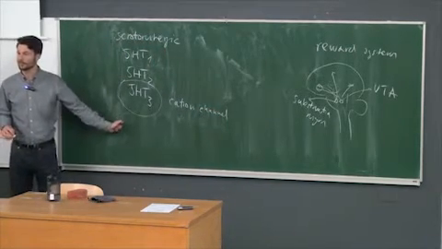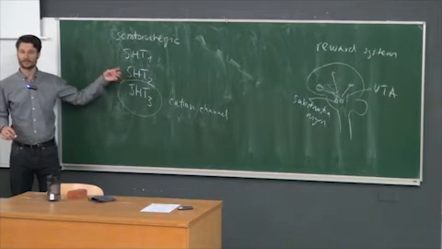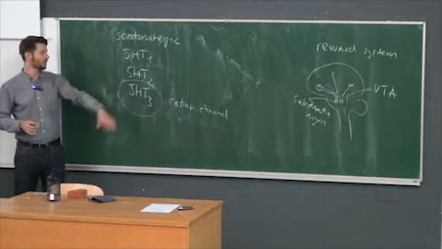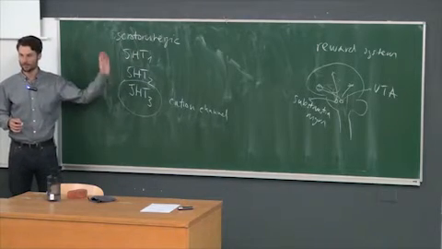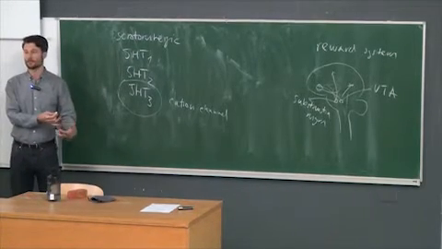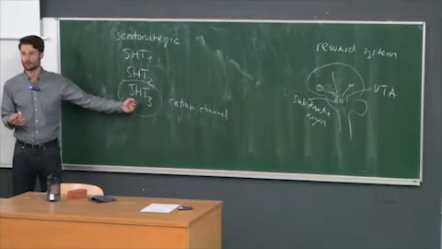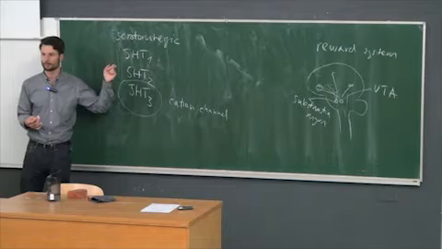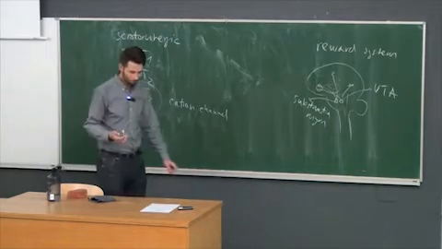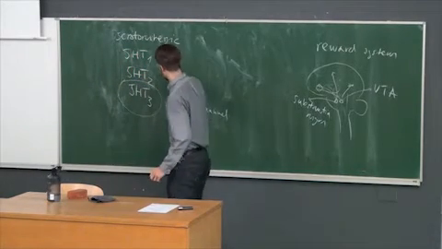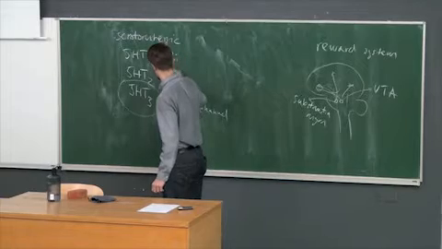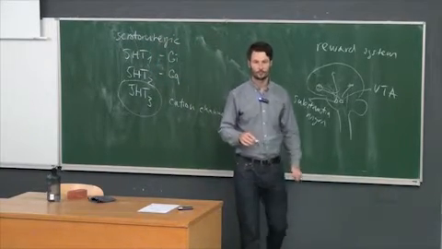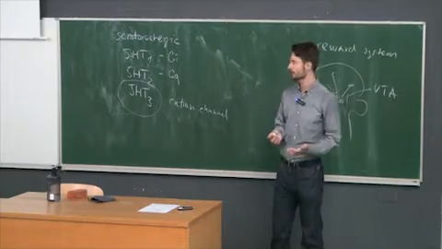Okay, so 5-HT3 is a receptor that's completely unrelated, chemically, structurally, to all the other serotonergic receptors, but they all react to the same molecule. But this is a cation channel. These two, and actually all the other ones, are G protein coupled receptors. Okay? And the G proteins they're coupled with are GI and GQ, with the corresponding cascades.